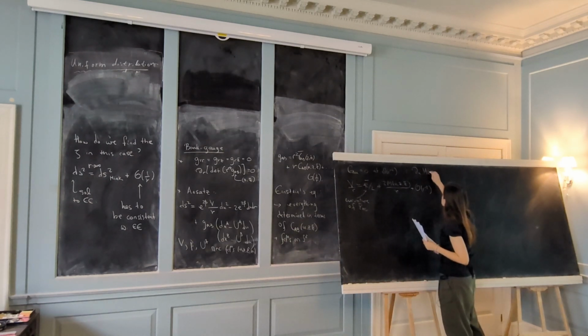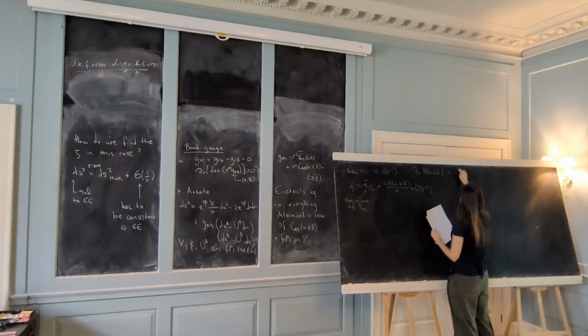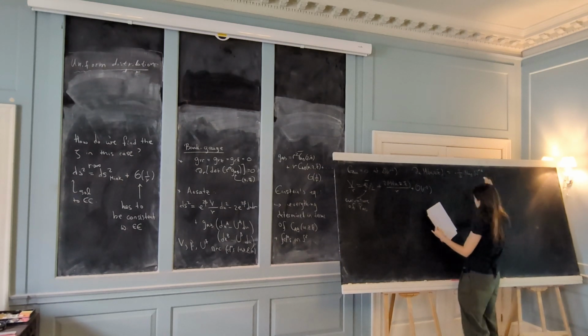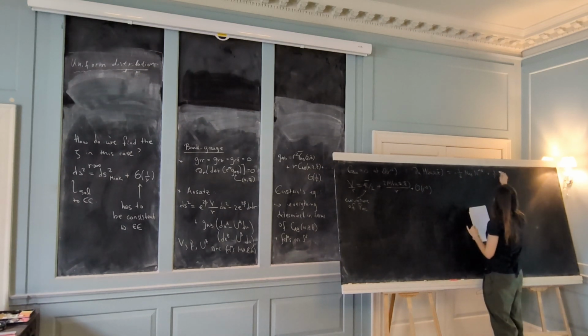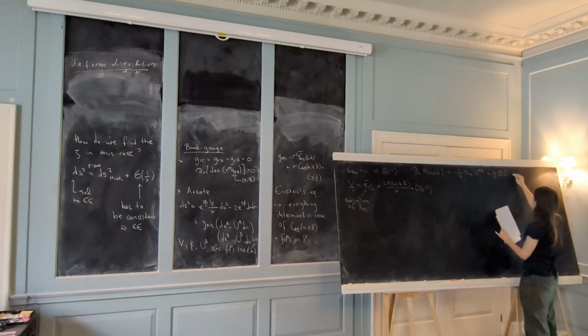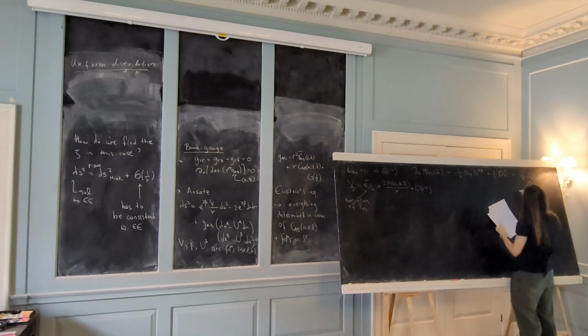So the constraint takes the form: time derivative of m is equal to minus 1 over 8 N_AB N^AB plus 1 over 8 Laplacian on the transverse space acting on the curvature of the transverse space, the Ricci scalar, and then D_A D_B N^AB, and these are covariant derivatives with respect to gamma_AB, okay?